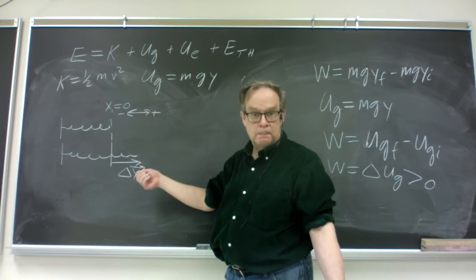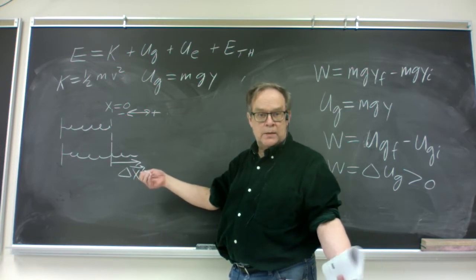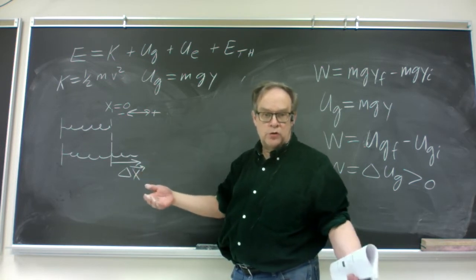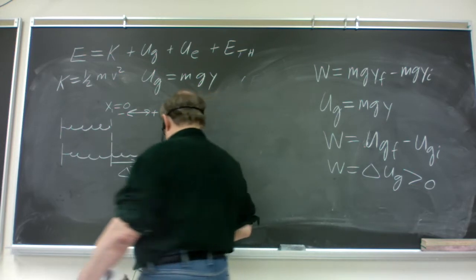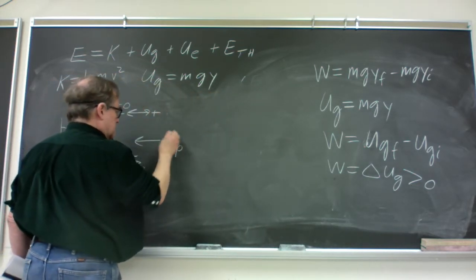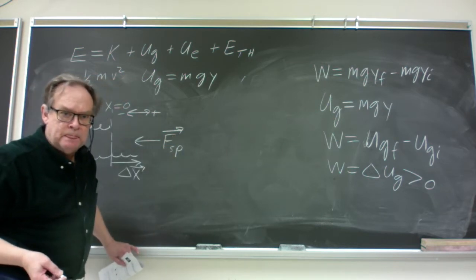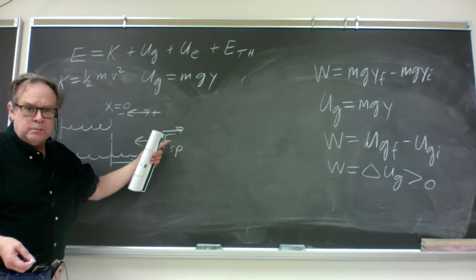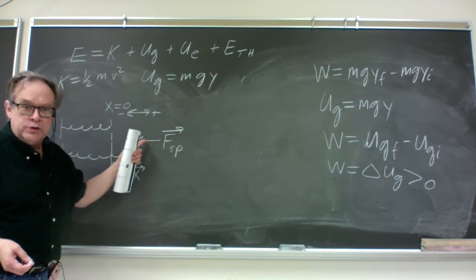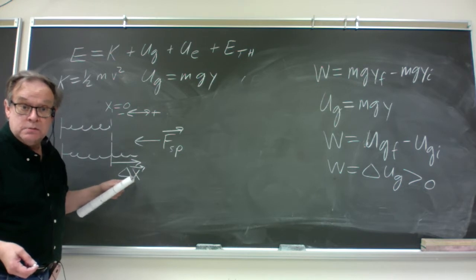That pull happens because the spring is being stretched, and that pull on your hand is what we often call just a spring force. The spring force points that way, opposite to the displacement. It's trying to pull the spring back to its original shape. In other words, it's pulling opposite to the displacement.